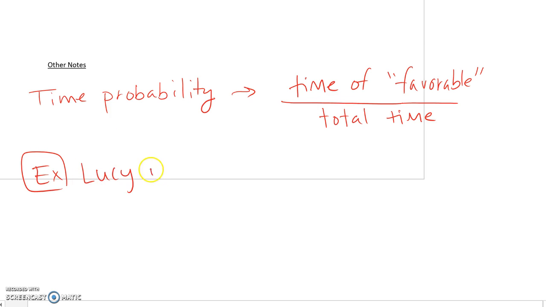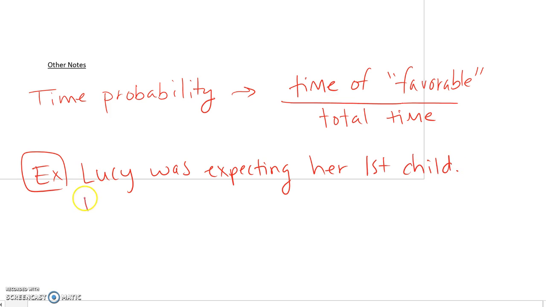Lucy was expecting her first child. She could go into labor at any time.